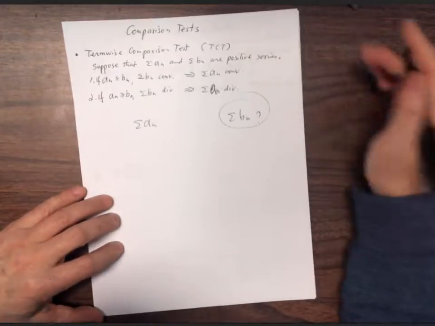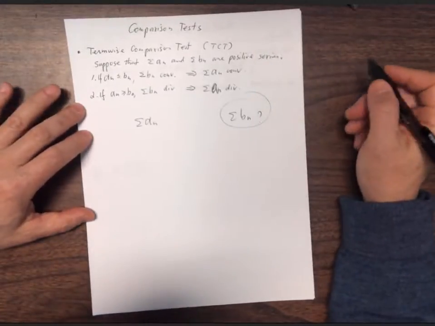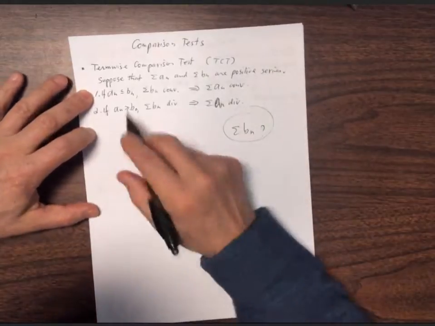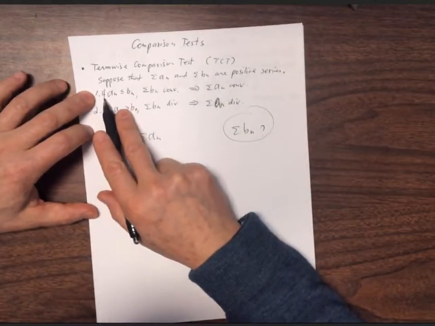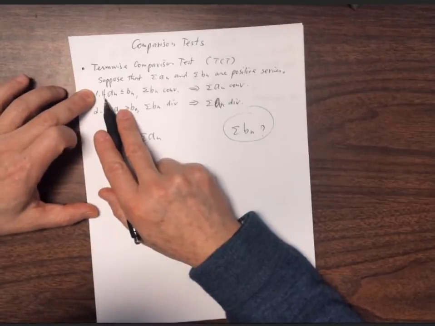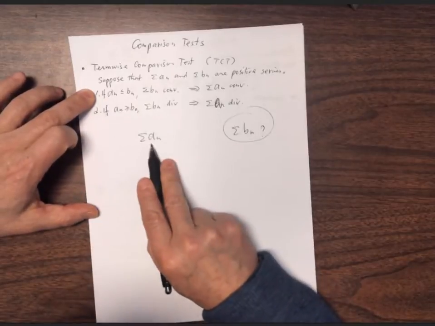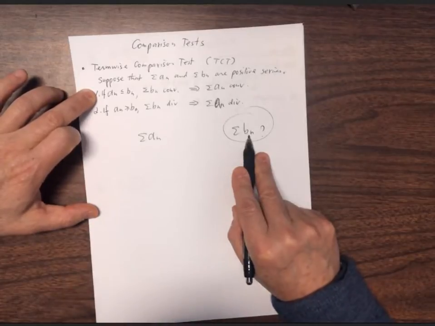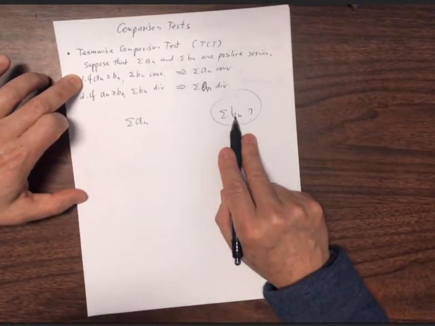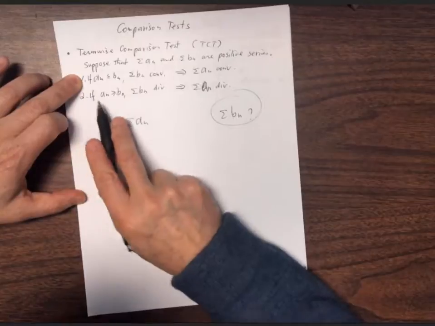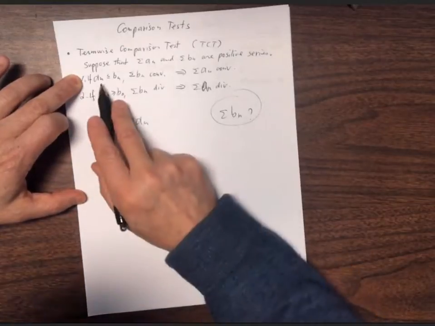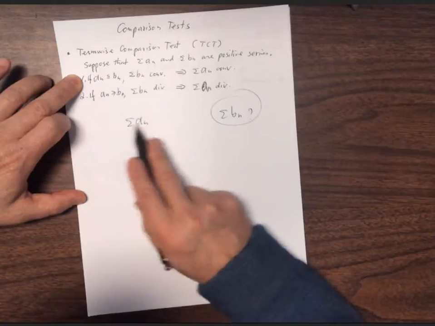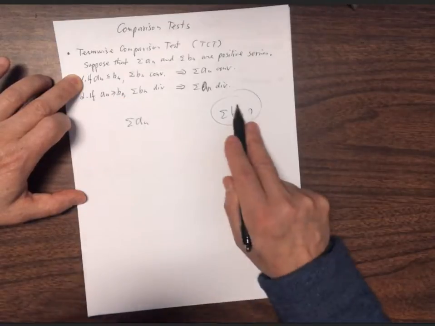Now, let me briefly explain why this is true. Roughly speaking, say case 1. This is a given. This is the one we're going to find, and I'll show you how to find it. So if we find such a sigma bn such that the inequality is true, it means these an are smaller than bn.